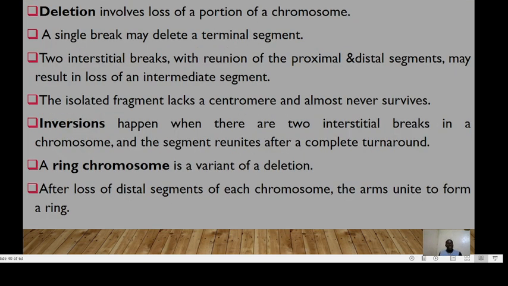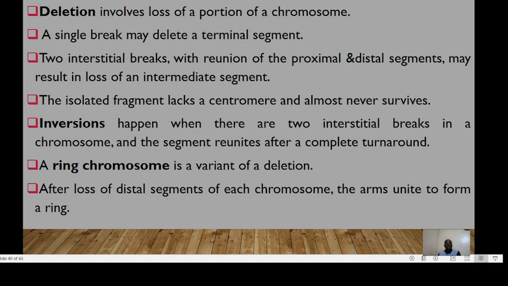Deletion involves loss of a portion of a chromosome, where a single break may delete a terminal segment. Two interstitial breaks with a reunion of proximal and distal segments may result in loss of an intermediate segment. The isolated fragment lacks a centromere and never survives.